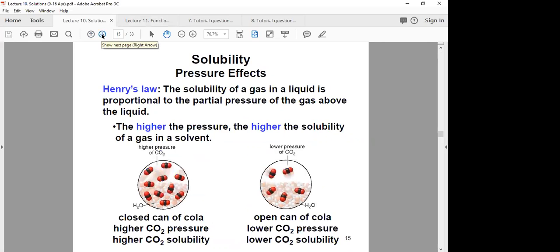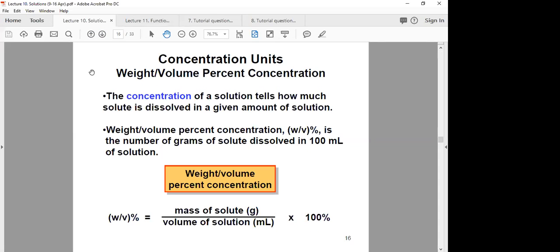So we finished here last week, and so we'll be continuing on from this slide where we consider the units of concentration. So concentration can be defined as the amount of solute that is dissolved in a given amount of solution. So of course, as you know, there's different units that you can use for concentration. Let's think of some of them that you might be familiar with. Who can give me a unit of concentration?